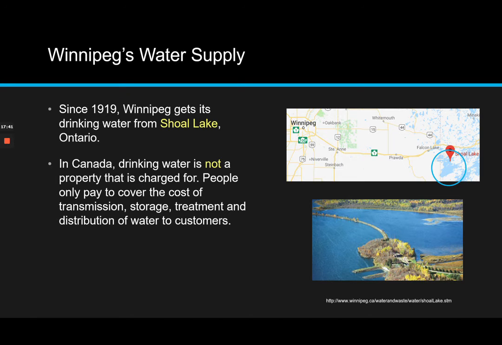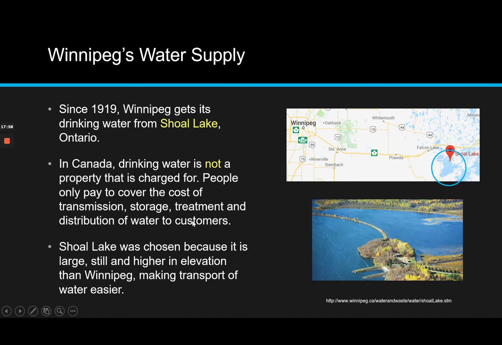When your parents pay the water bill, what they're paying for is the transportation of water, the storage of water, and the treatment of water. But water itself is not something that we charge people to have. Like I said, Shoal Lake was chosen because it's a large body of fresh water at a higher elevation than Winnipeg, so that cuts down on the cost of delivering water to the city.